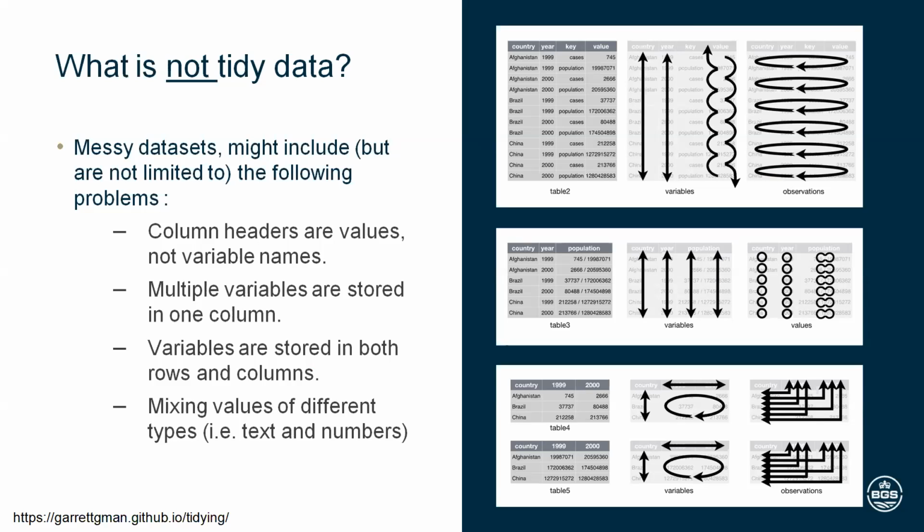As I say, multiple variables stored in single columns, variables stored in both rows and columns, and my bugbear, mixing different types of data, i.e. mixing text and numbers, for example. So this is what we want to avoid, and we can't use the Tidyverse if we have data in this structure. But I'm sure all of you will have seen data that shows all of these different features of messy data. But the Tidyverse provides a way for us to work with this data to convert it into that variable observation underlying concept of tidy data.